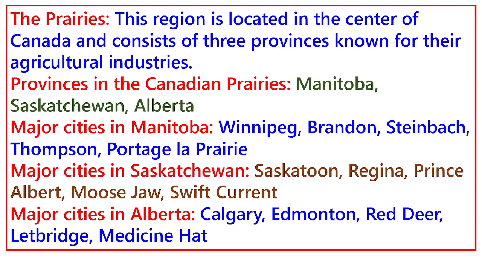Major cities in Saskatchewan: Saskatoon, Regina, Prince Albert, Moose Jaw, Swift Current. Major cities in Alberta: Calgary, Edmonton, Red Deer, Lethbridge, Medicine Hat.